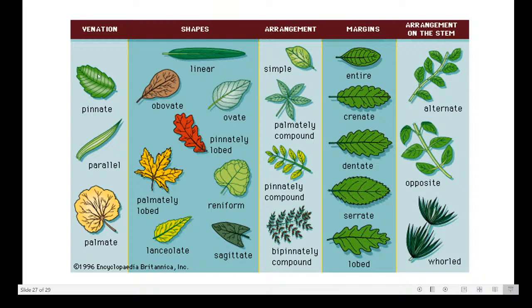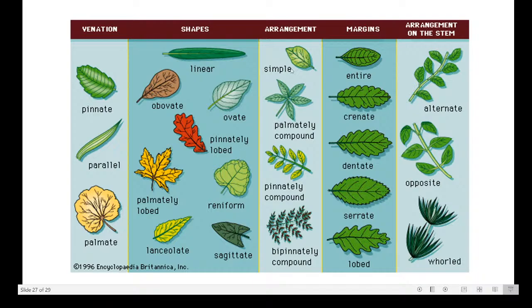First, I have to mention the venation, whether it is parallel veined, pinnate, or net veined. Then the leaf shape: linear, ovulate, star shape, pinnately lobed, or reniform. You have to mention, for example, parallel veined linear shape.